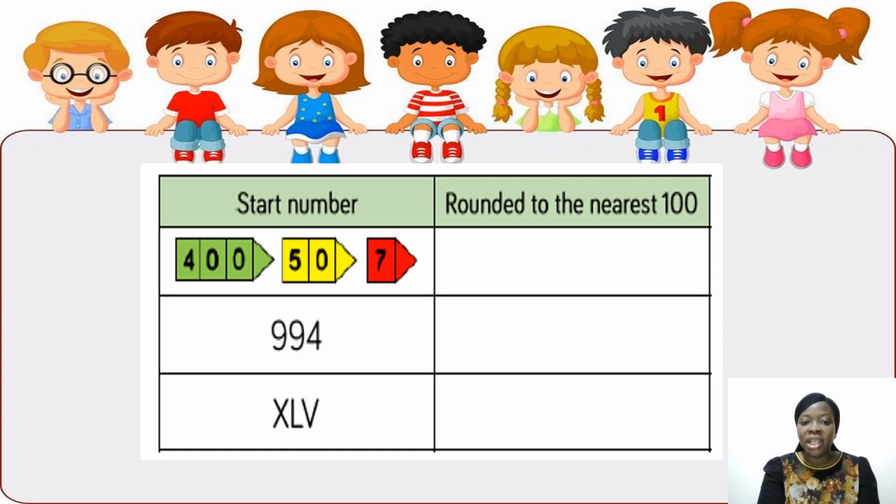The first one says this is the start number, and then we need to round it to the nearest 100. Using your knowledge of the place value grid, what number is represented here? 400 plus 50 plus 7. That would give us 457.